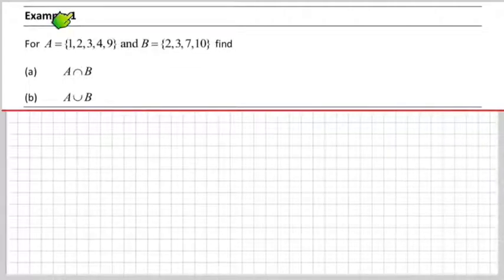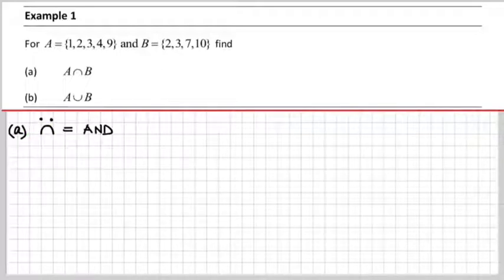This is example 1. What have we got here? A is this set of numbers, B is this set of numbers. We have to find A intersection B, and secondly we have to find A union B. All right, let's go. A intersection B. Now this little guy, the way I think of him, he's a bit of a fusspot. So he's got a frowny face. I just put the little eyes there to remind myself that this guy's a bit hard to please.